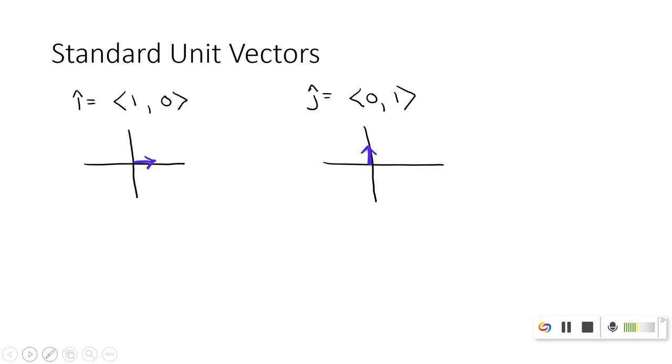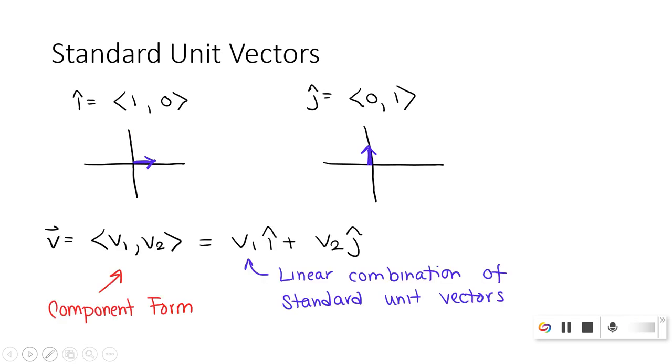If you see an i or a j, vector i, vector j, it is referring to the vector i is 1, 0, j is 0, 1. So those are our standard unit vectors. And the reason I bring this up is because there's another notation that's frequently used for vectors. Vectors can be written in component form, and that's what we've been doing so far in this video with those triangular brackets.